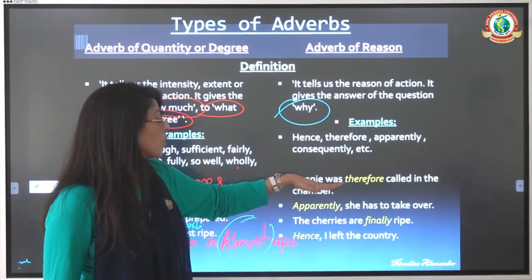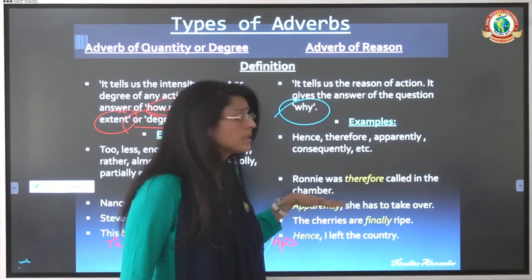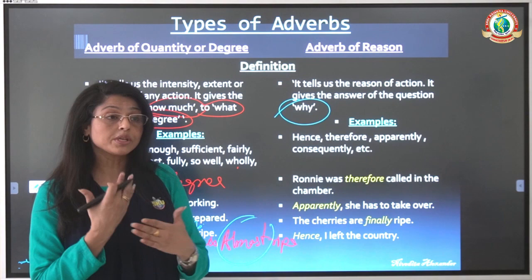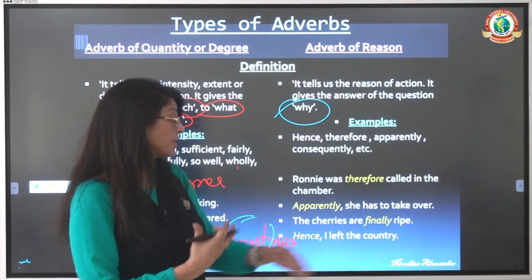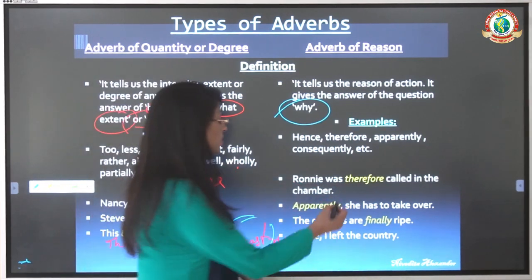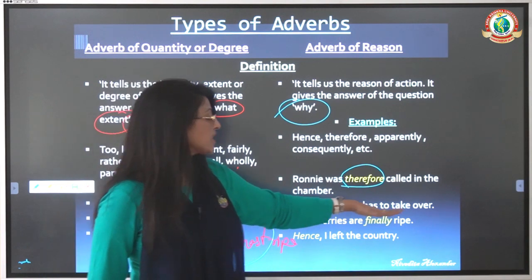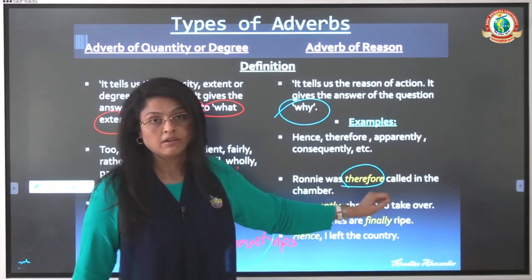So, Ronnie was therefore called. We could have said Ronnie was called in the chamber, but we want to supply more information. Why was he called? Therefore is the word which is an adverb of reason. Clear? Apparently she has to take over, right?